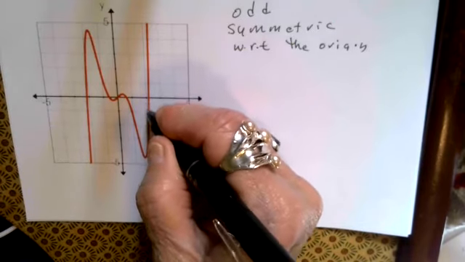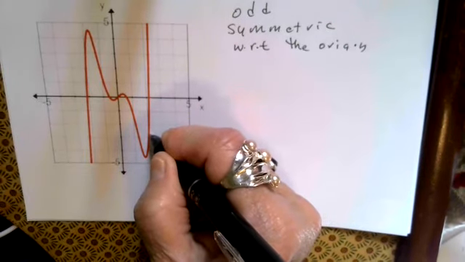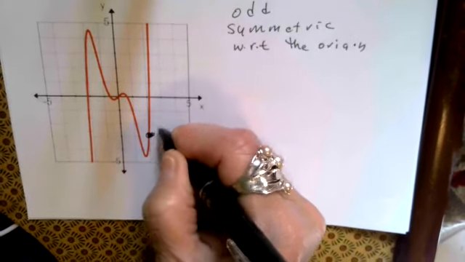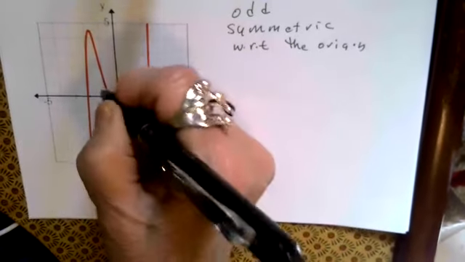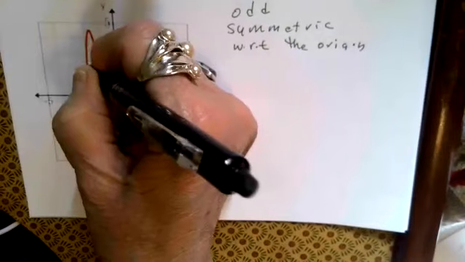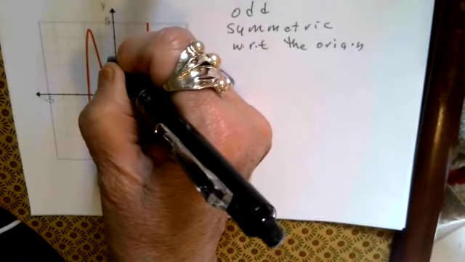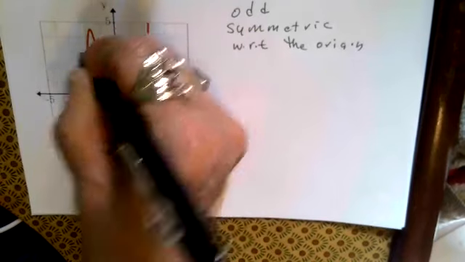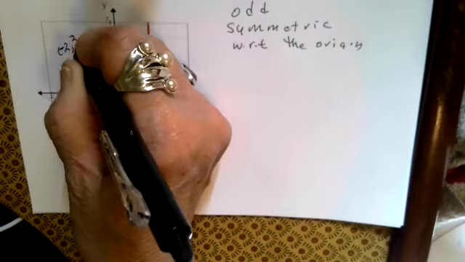So if we're right at 2, I think it's 1, 2, 3. This is the point 2, negative 3. Okay, so it should have the point negative 2, 3. 2 over and 3 up, and it looks like it does. That's the point negative 2, 3.